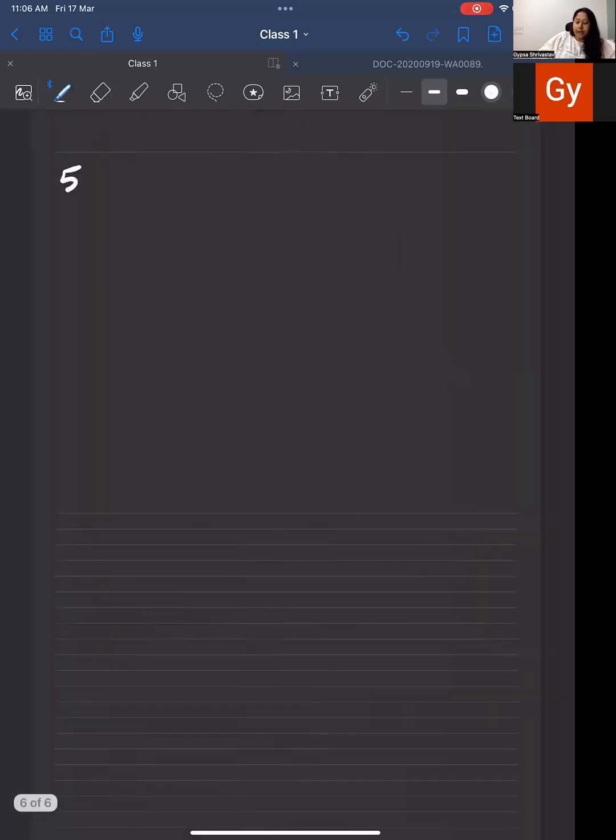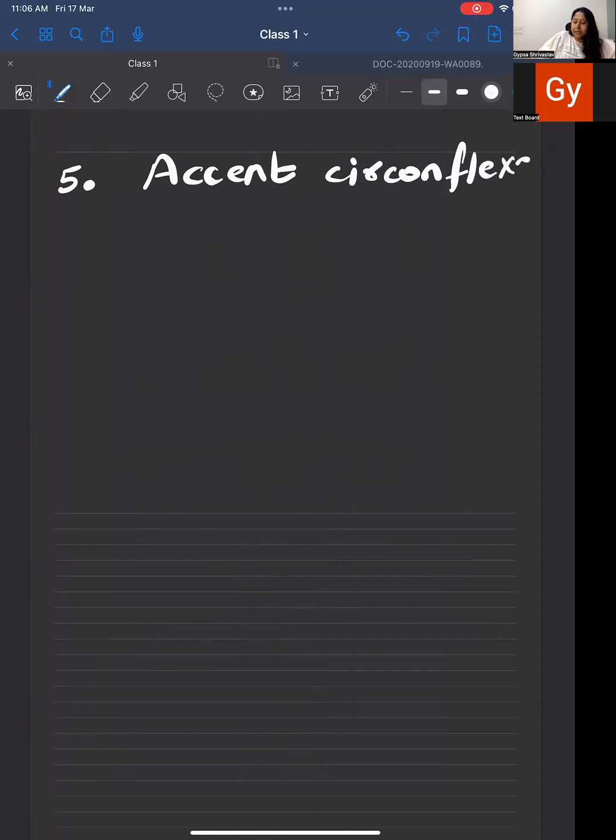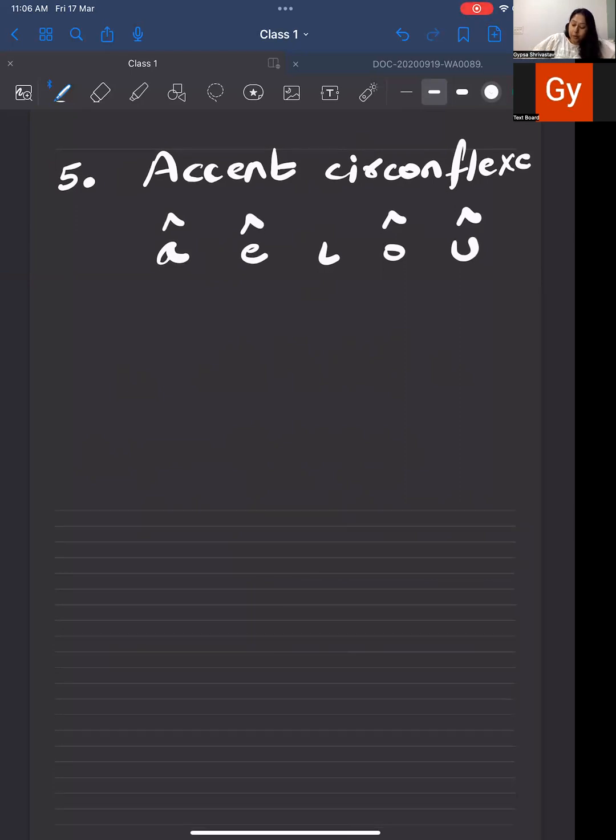Our fifth and our last accent is accent circonflexe. Accent circonflexe usually comes on all the 5 vowels. It's a small inverted cap. Now notice I has a dot of its own, but when we put the accent, we don't write the original dot of I, we write the accent directly.